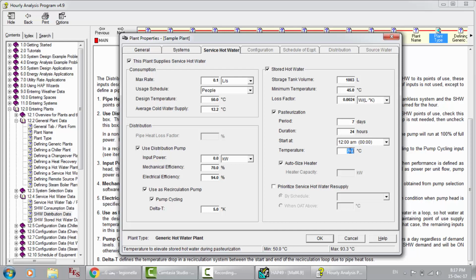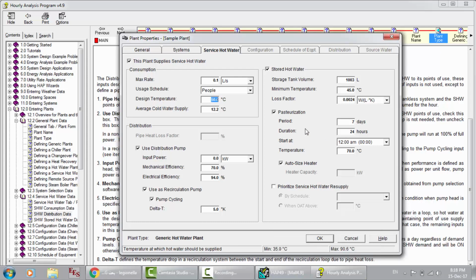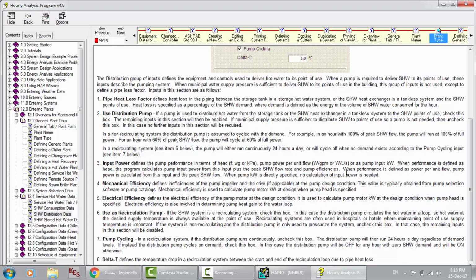Then after 24 hours the temperature will decrease to 50, the design temperature. This process is done by another, external heater. So you can auto size that heater, or if you know its capacity, you can input it.